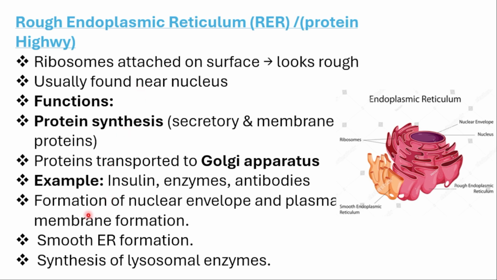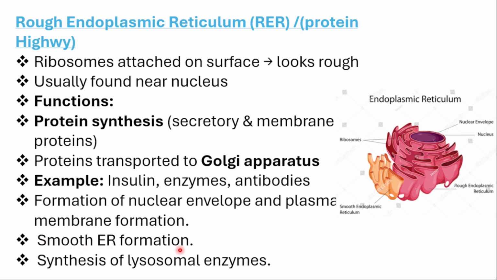Next, formation of the nuclear envelope and plasma membrane. The endoplasmic reticulum plays a very important role in the formation of the nuclear envelope and the plasma membrane, because the proteins needed for the formation of the plasma membrane are made by the ribosomes present on the rough endoplasmic reticulum.